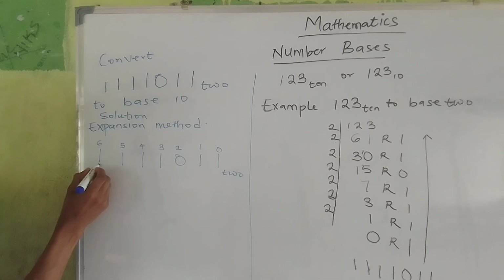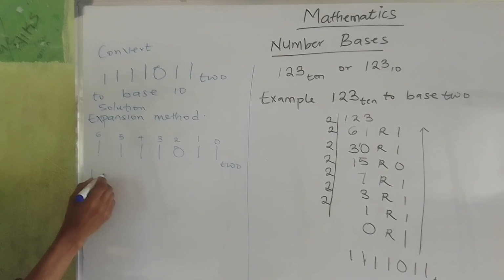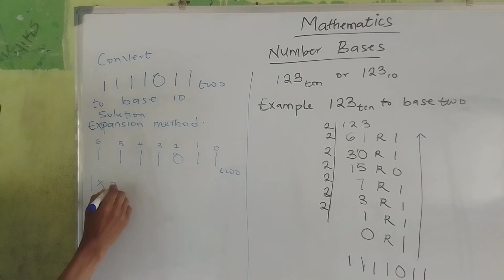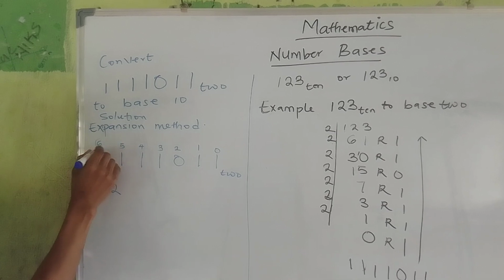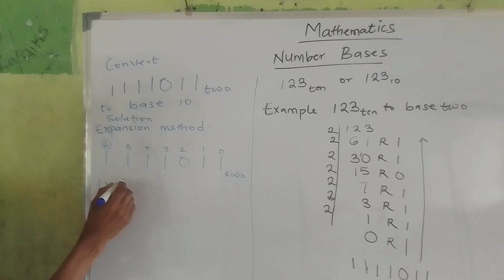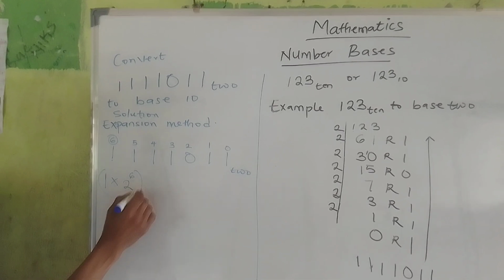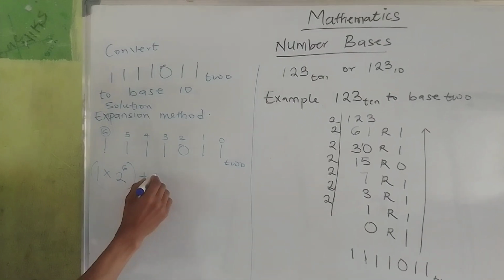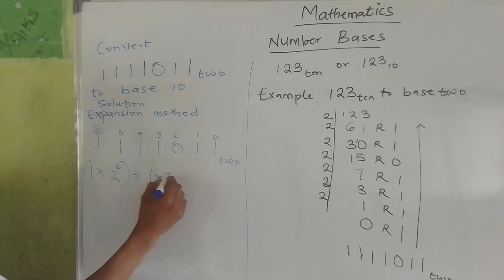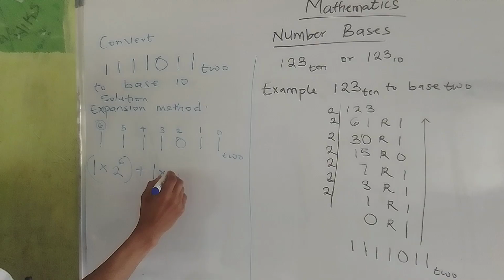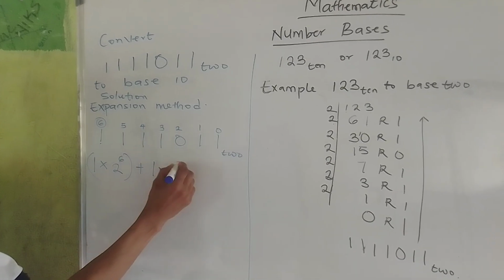So I'll pick this first number, 1 times, what's my base? 2 to the power of the number you have on top of it, which is 6. And I will add 1 times, what's my base? Sorry, my base 2 and to the power of 5.